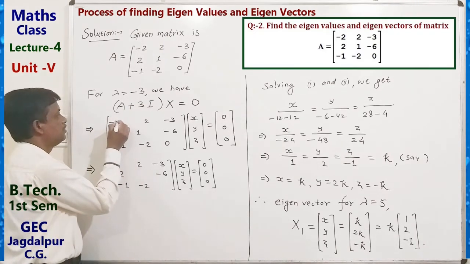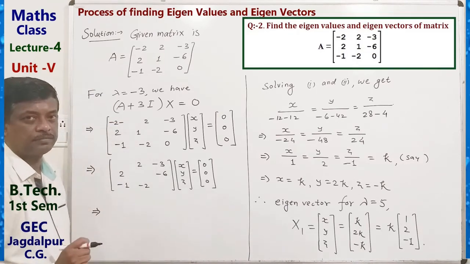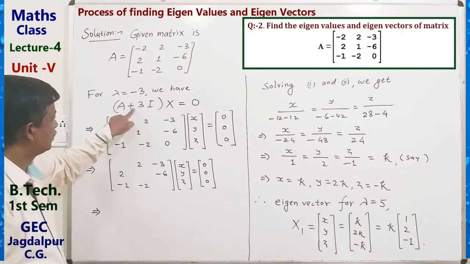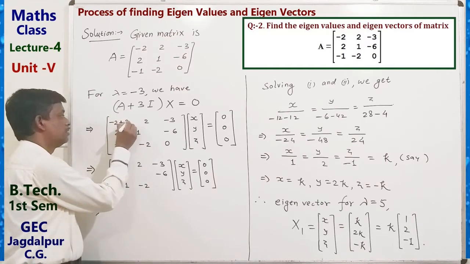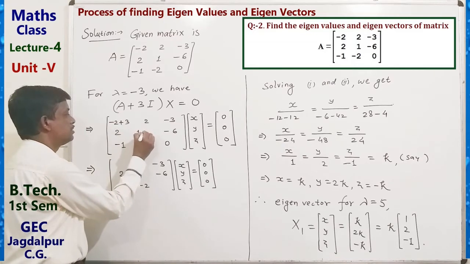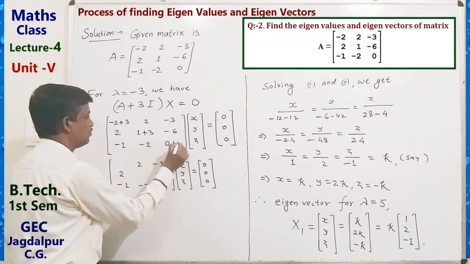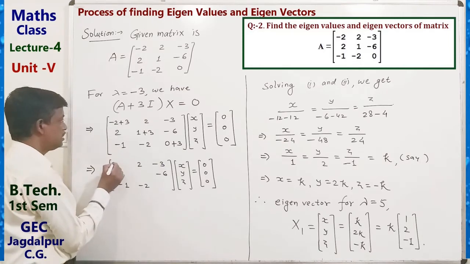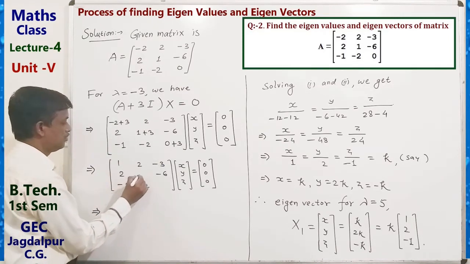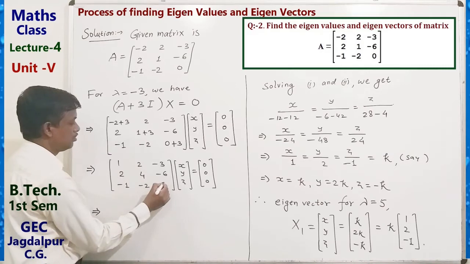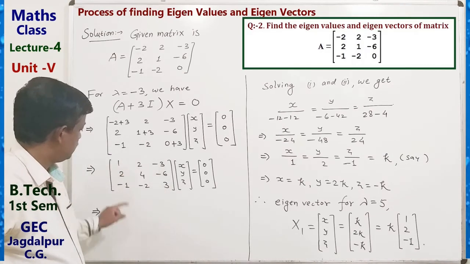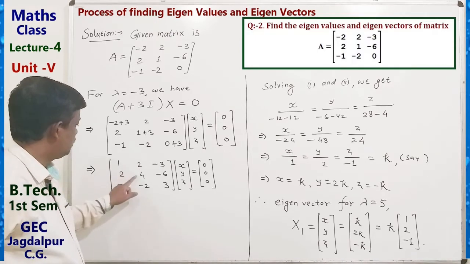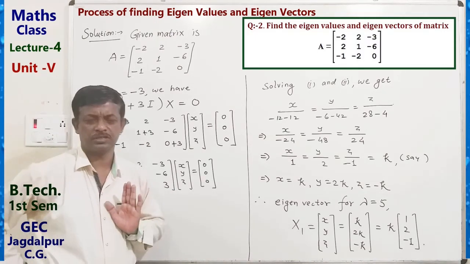So minus 2 plus 3, plus 3, plus 3. So here 1, 2, minus 3. Now here see, 1 2 minus 3, 1 2 minus 3, 1 2 minus 3, all equations are the same.